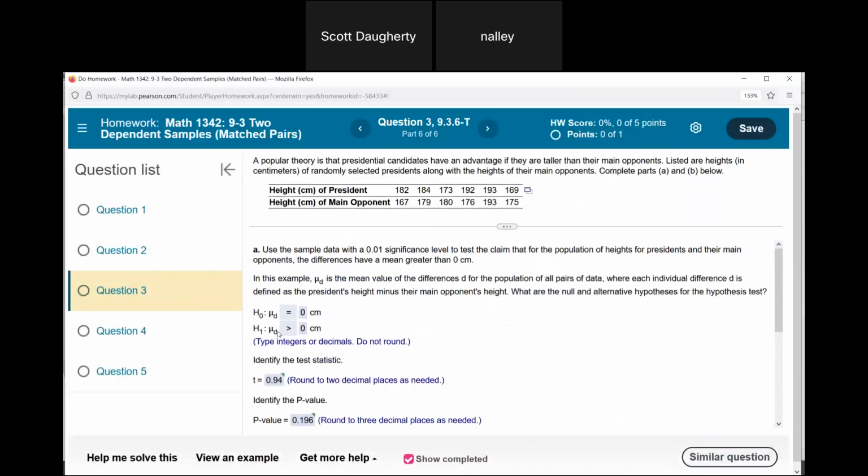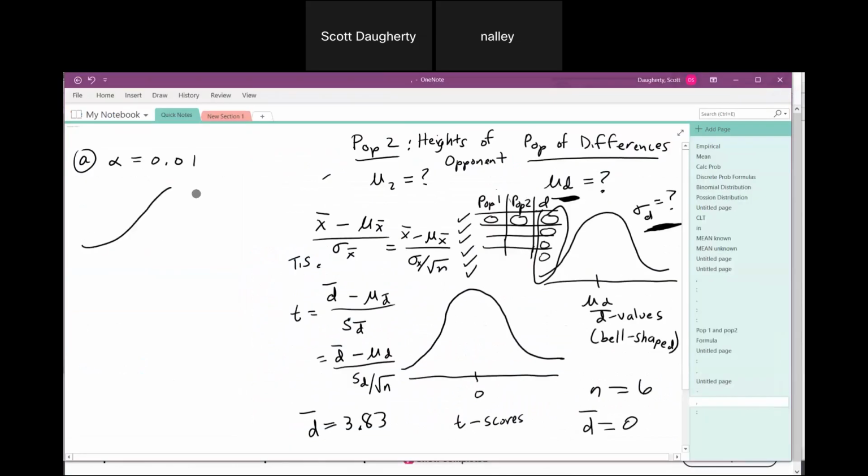So the picture that we have is a T distribution, and when we did the critical value, we had a right tail with this much area in the right tail. That's the significance level. And this turned out to be some T-score, 3 point something. Okay, so that's what it looked like as a hypothesis test.